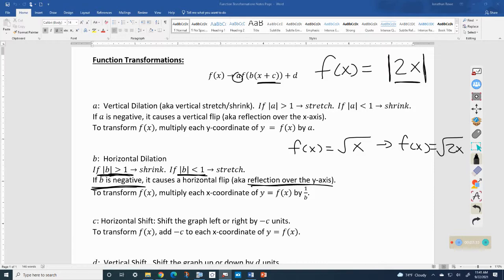In fact, let's make it a negative 2x and see what happens. So the original parent function, by the way, looks like this. Something along those lines.